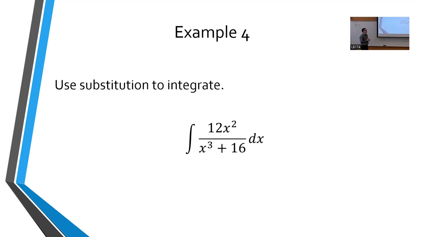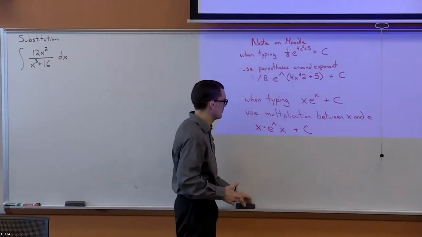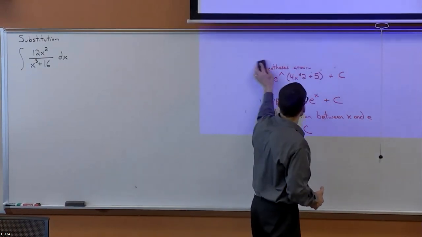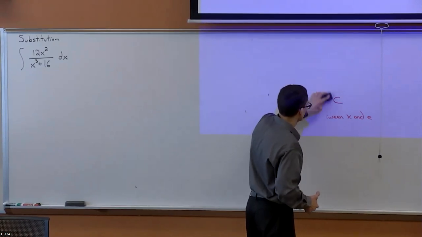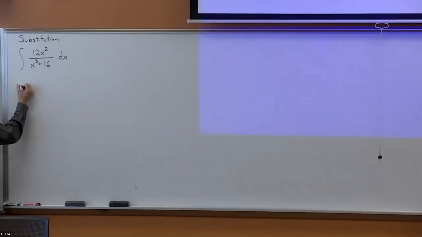Making u the denominator in this case allows me to factor out things and attach those to the dx. Whichever way you like thinking about it, x to the third plus 16 has to be our u.